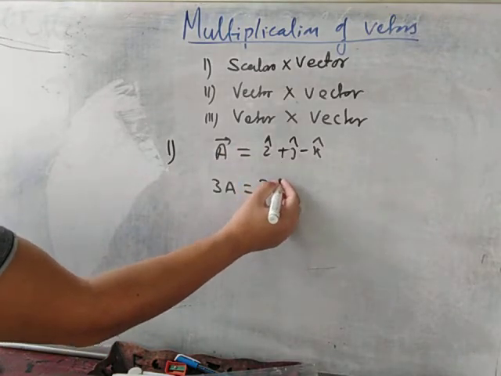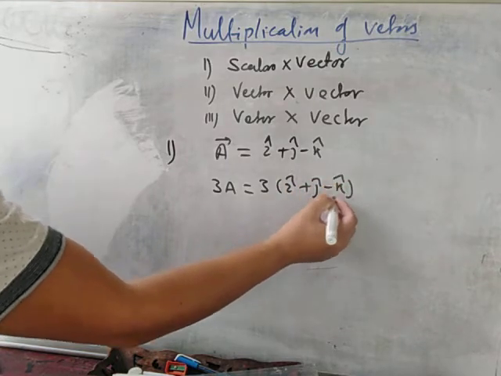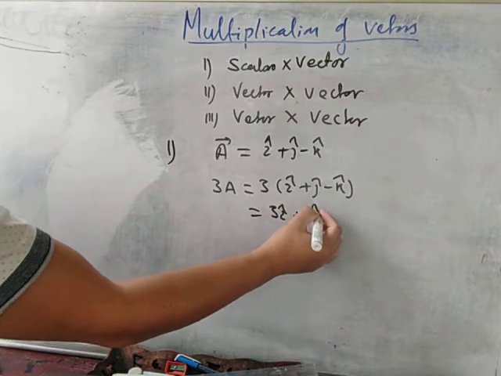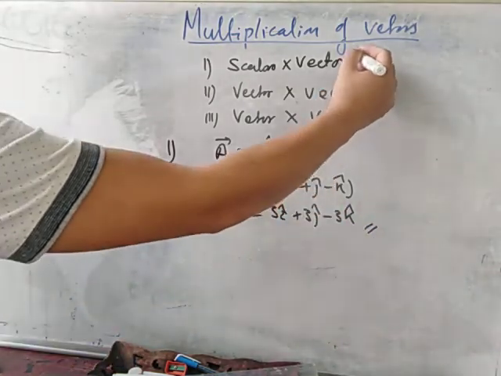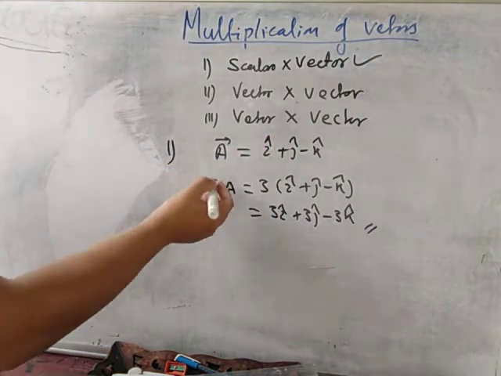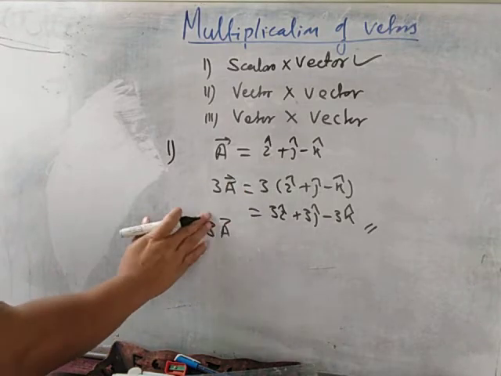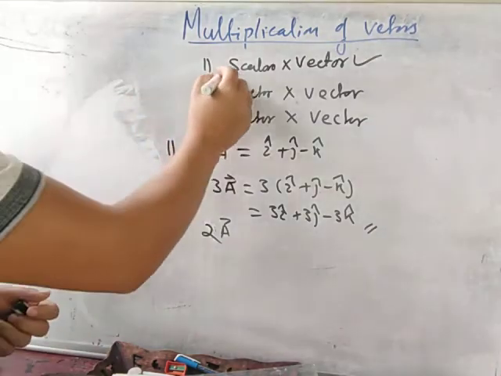So 3 into i cap plus j cap minus k cap. So this will get 3 i cap plus 3 j cap minus 3 k cap, right? So this is your first multiplication. You can find 4a, 2a, likewise. Okay, so this is done.